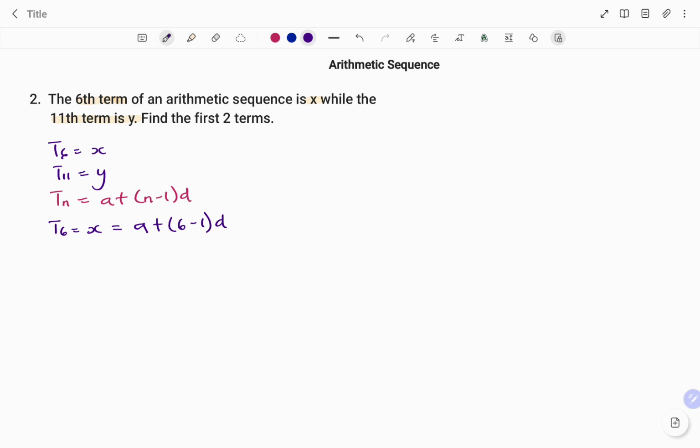And if I simplify this, I'm going to have x equals a plus 6 minus 1, that's 5d.